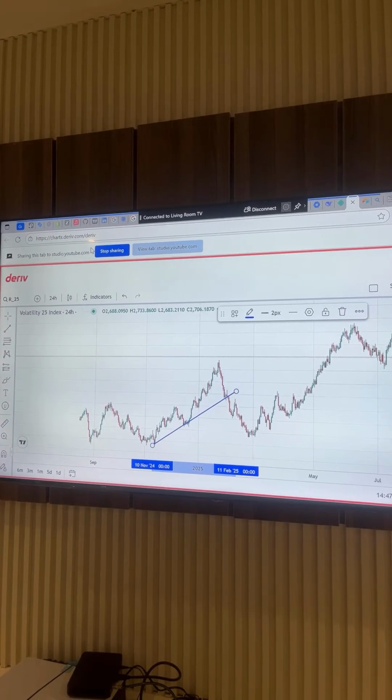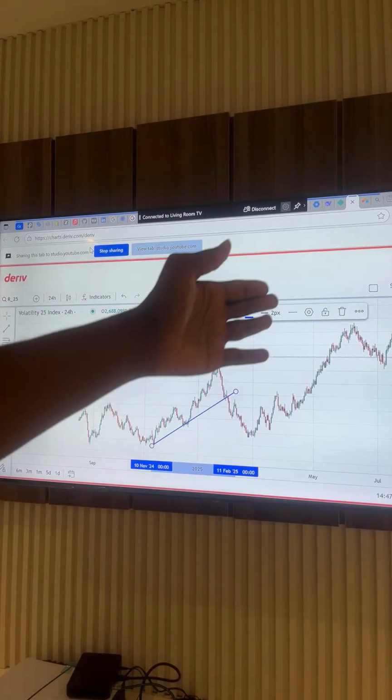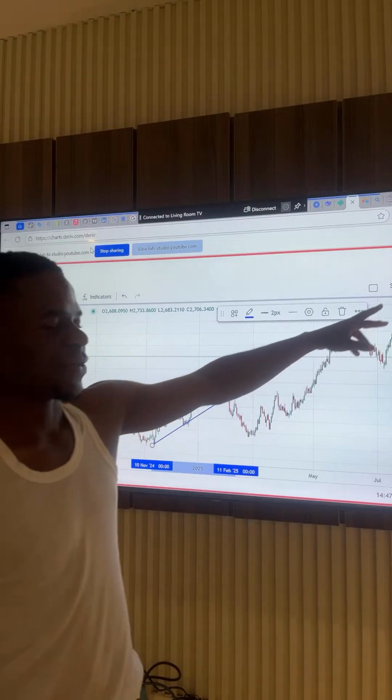So this is the technical aspect of derive, which maybe next time we do the theoretical and then technical, and then do the live trading part of it. I'm just trying to analyze this pair for you guys now unsaved, because after analyzing my trades, I normally save them.